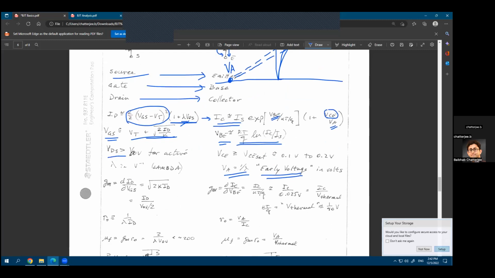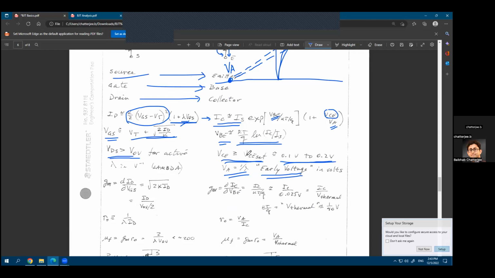Now, for the active region, you needed to have VDS greater than V overdrive for the MOSFET. Here, there is a concept of VCE sat. Just like there was a concept of VDS sat for the MOSFET, here is a concept of VCE sat. But for all practical purposes, this VCE sat value is usually in the range of, let's say, 0.2 volts. So when you're solving BJT problems, this VCE sat will be given.